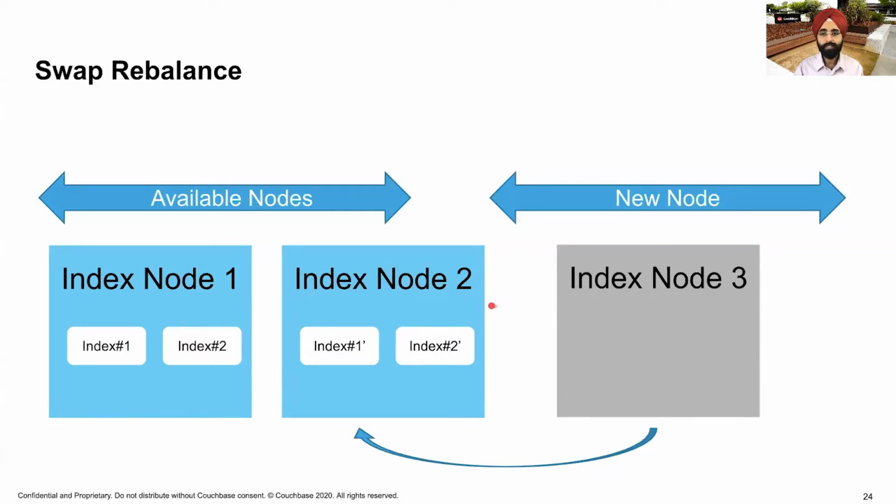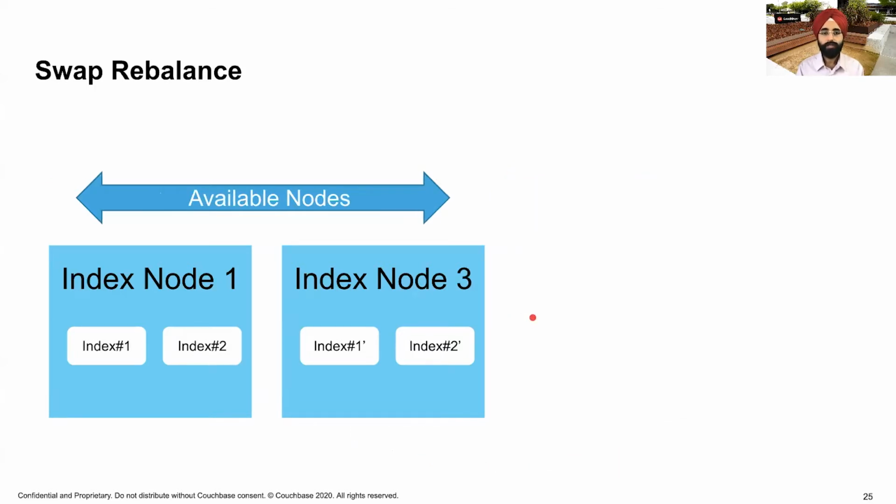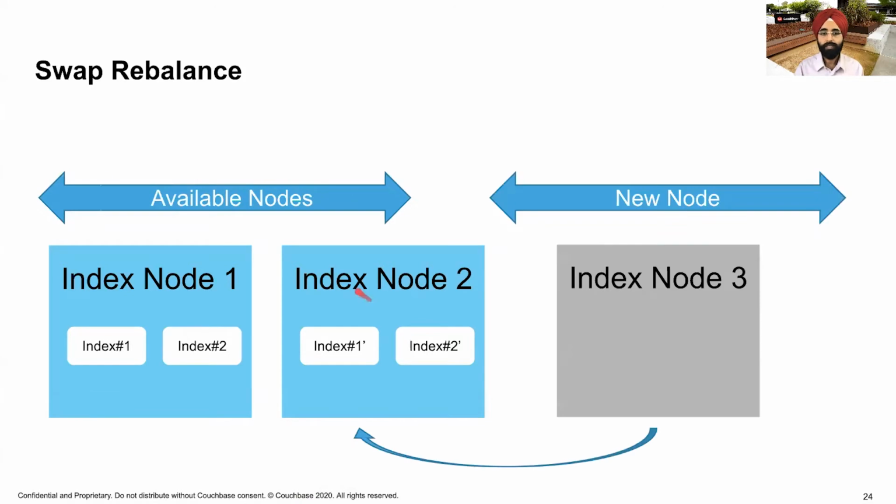So in this case, index node 2 would move out, and index node 3 will replace index node 2. So here we see that the incoming node, index node 3, has got both the indexes which were initially hosted by index node 2.